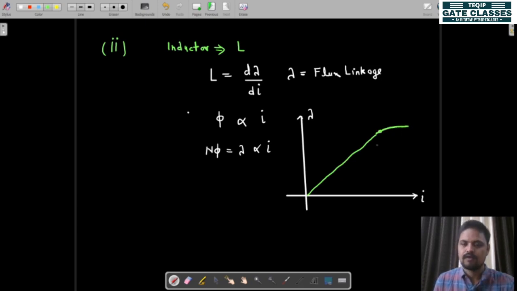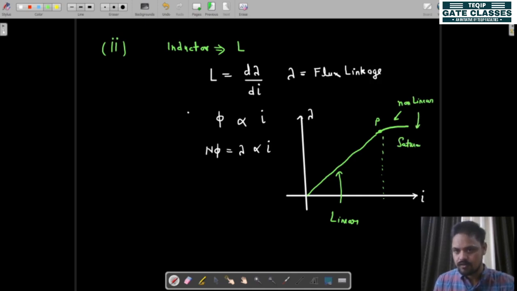After some point. So, before some specified value of current, this line is linear, and after that it becomes non-linear. And this non-linear region is known as saturation region. So, if you see before saturation, then lambda is proportional to I. Before saturation region, it is just a straight line.